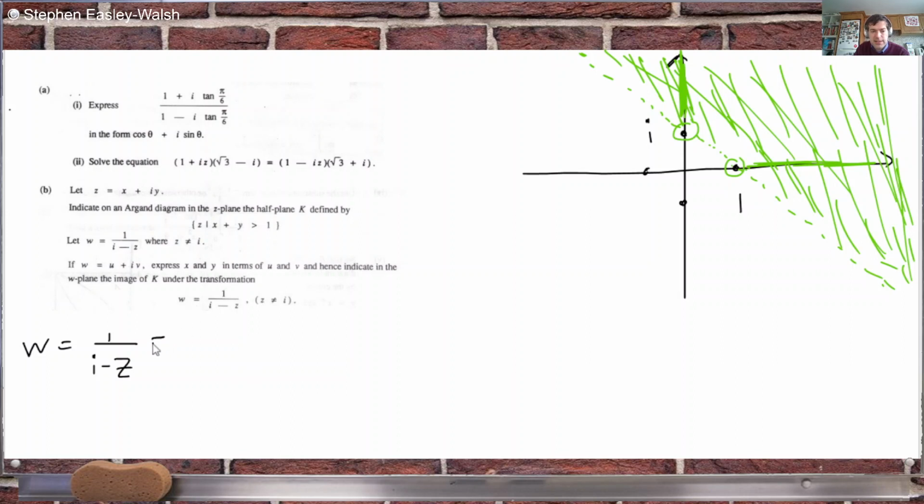Okay, so I'm going to simplify this. 1 over i minus x minus iy. That's 1 over minus x plus 1 minus yi. So that's i minus iy. I multiply by the conjugate.